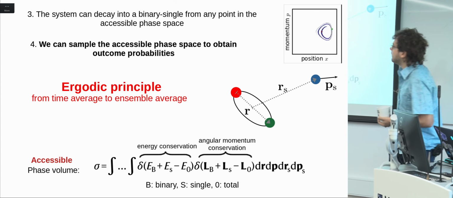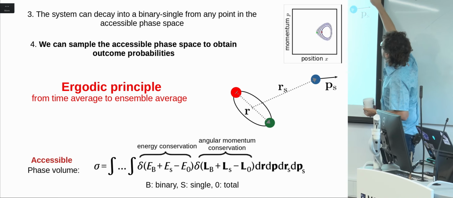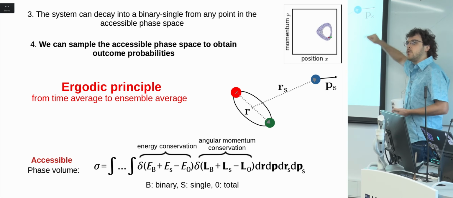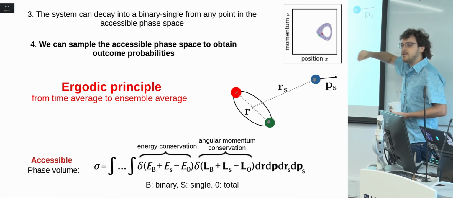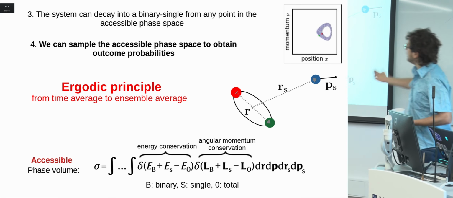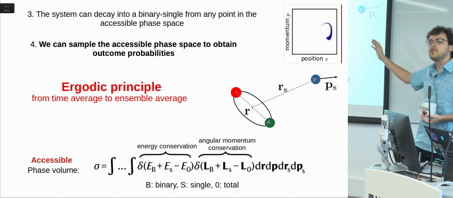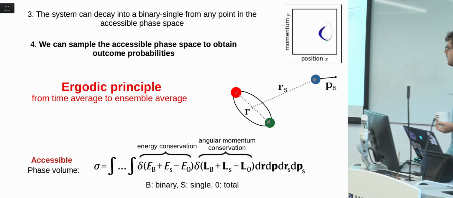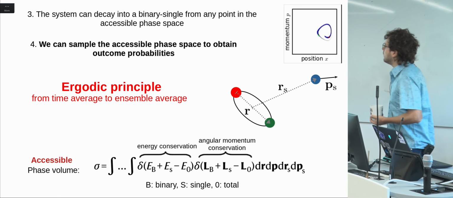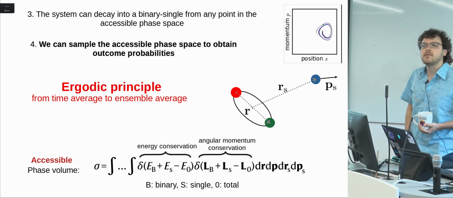It's also called the ergodic principle, because we assume that the three-body problem is uniformly exploring in time all the accessible space, but only in time. But since this happens uniformly, we can simply sample from the phase space. So we go from time average to ensemble average. This is a very well-known principle. It's even used in the data analysis of gravitational waves.